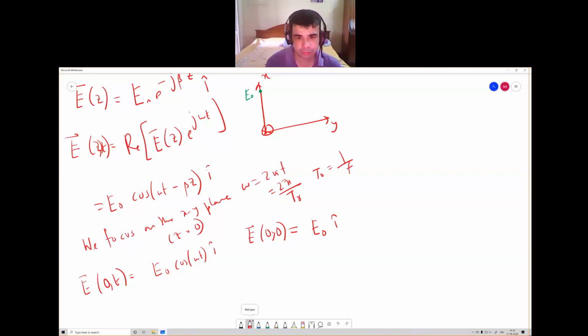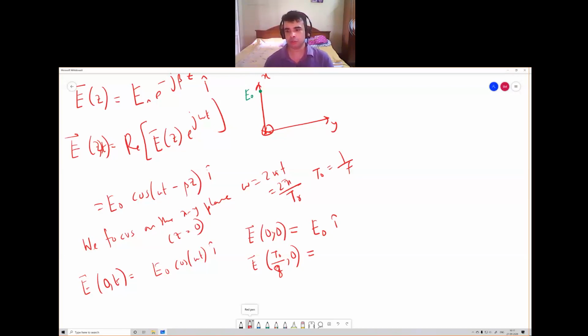So take t equal to t naught by 8. Then omega t will be 2 pi by t naught into t naught by 8, that will be pi by 4.